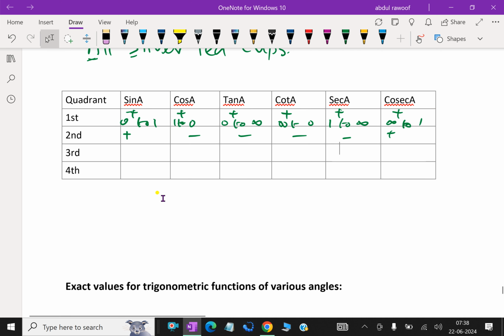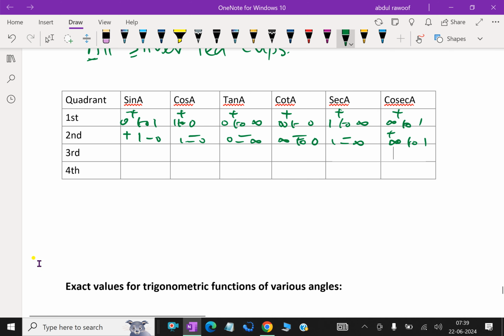It is easier to fill in like this. Then the values also: 1 to 0, 1 to 0, 1 to 0, 0 to infinity, infinity to 0, 1 to infinity, and infinity to 1.